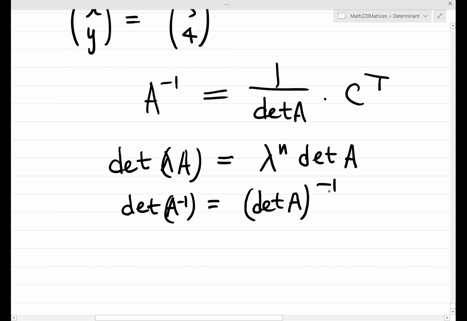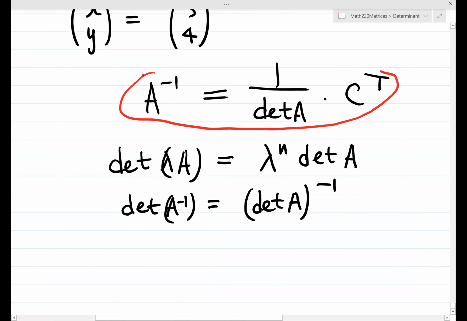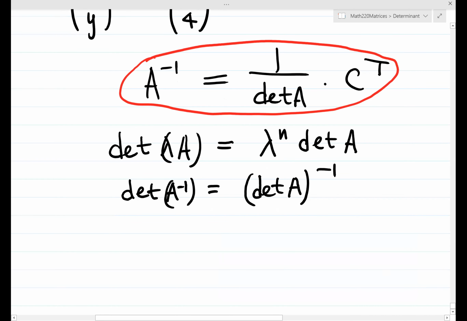Now if you take the determinant of the equation in red, Cramer's rule tells us that we can use the red formula to compute A inverse.